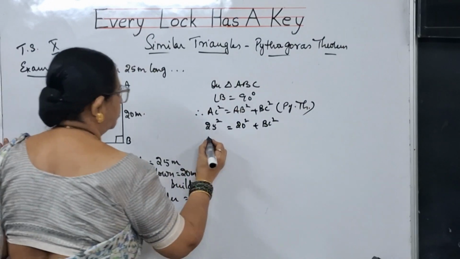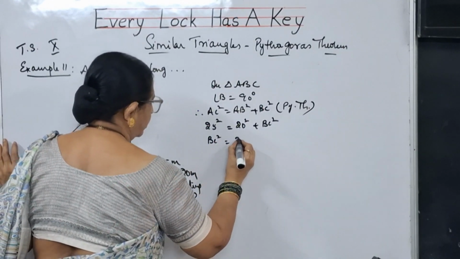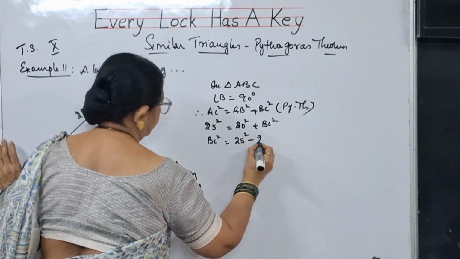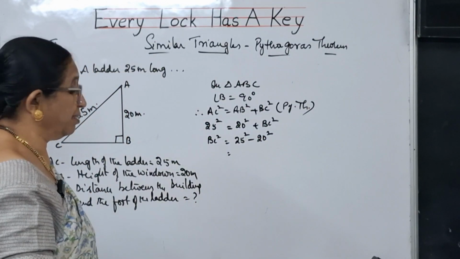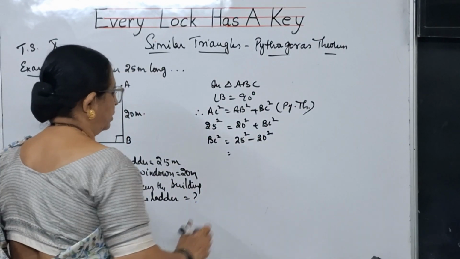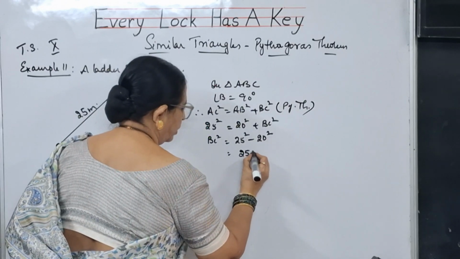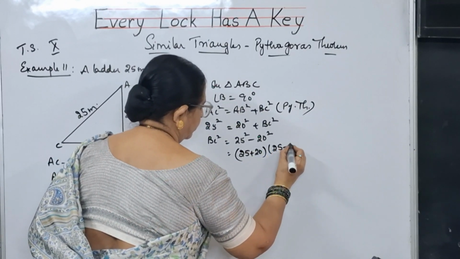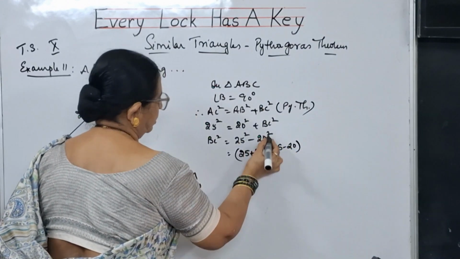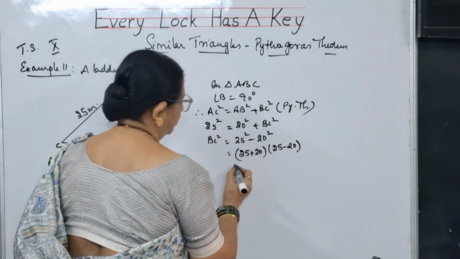So if you want BC square, 25 square minus 20 square. This is like a square minus b square, that is a plus b into a minus b: 25 plus 20 into 25 minus 20. A square minus b square is a plus b into a minus b.